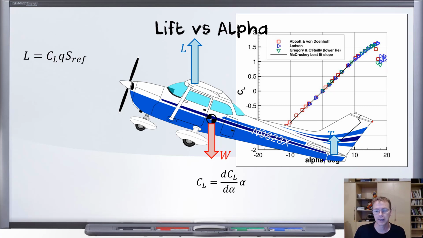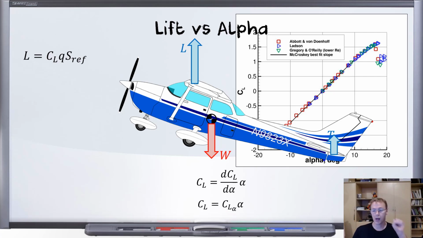What we're going to do is rename that with a little engineering shortcut. We will use the symbol C sub L sub alpha to represent the slope of the line right here, the slope of the CL versus alpha curve. We will use this symbol right here for that slope.